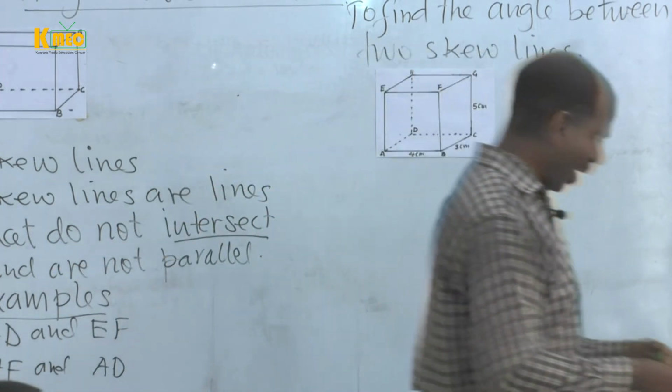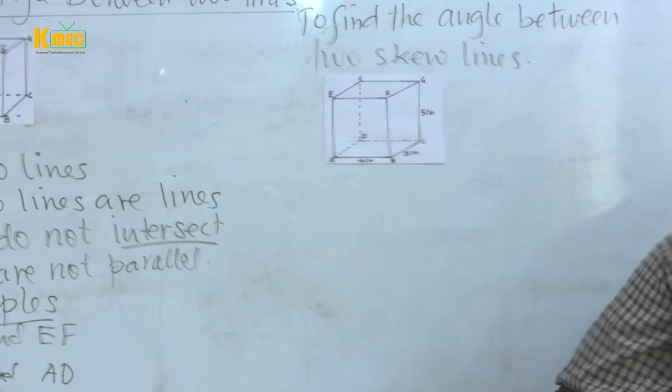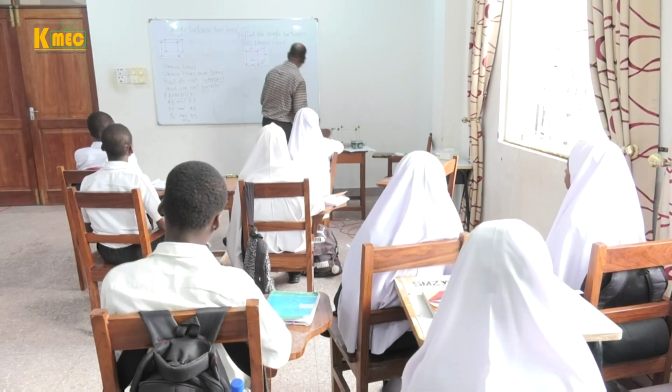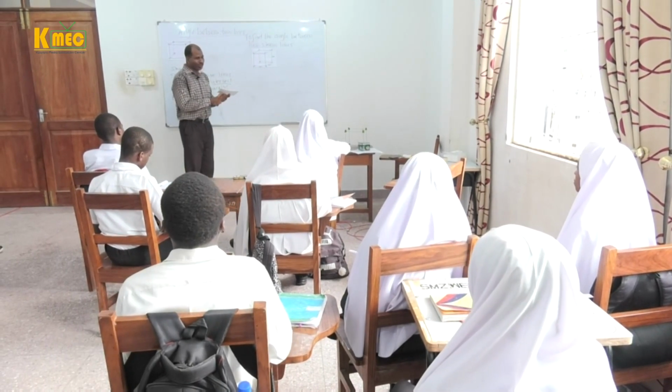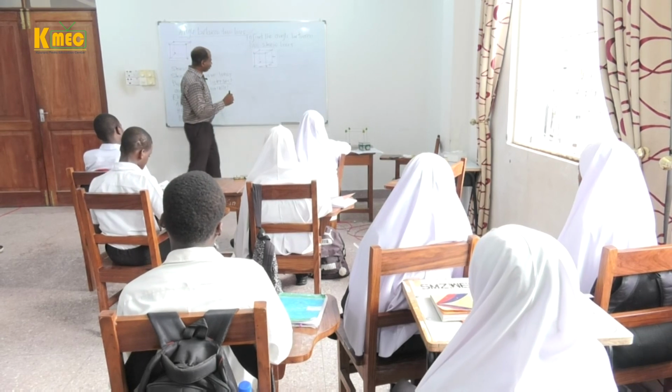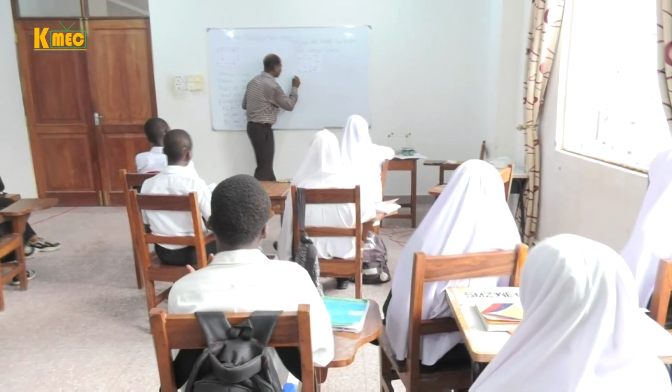So now, going back to the figure, the question is to find the angle between two skew lines. Let me take two skew lines.